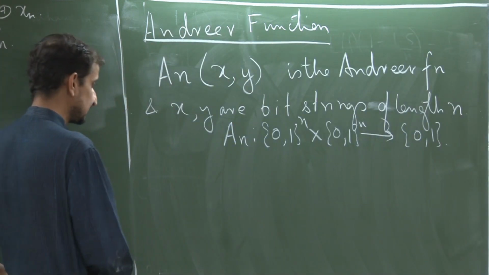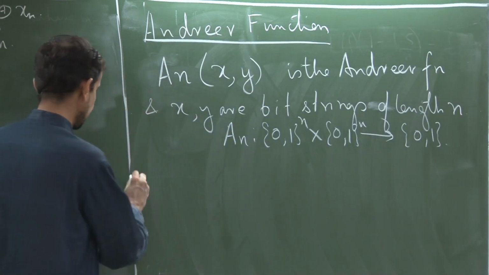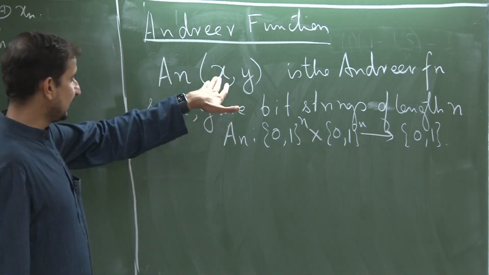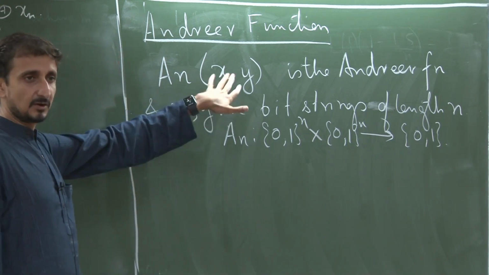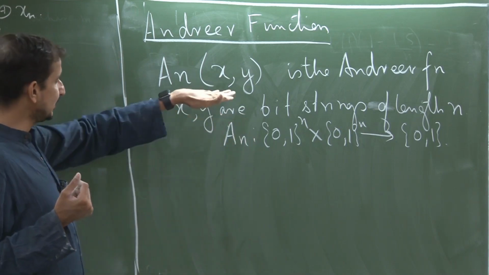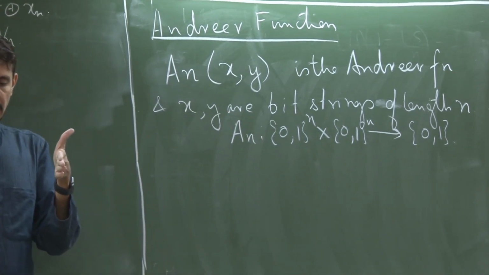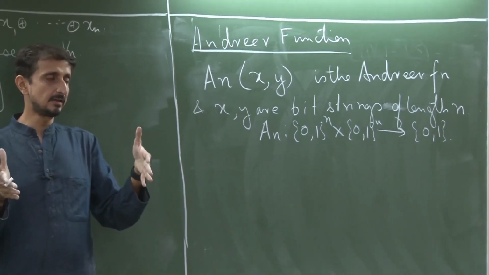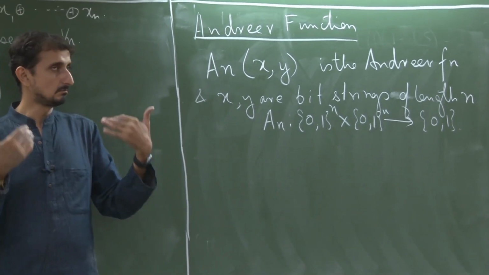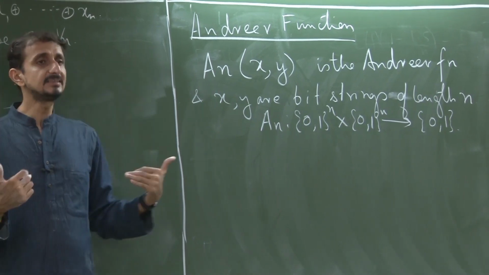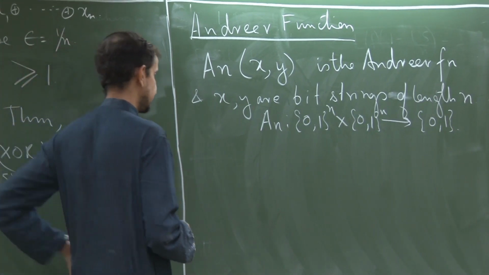The way this function is defined is as follows. I will give a pictorial view, and that is the best way to understand this. Take the string x, and I will divide the string x into log n chunks of n by log n bits each.